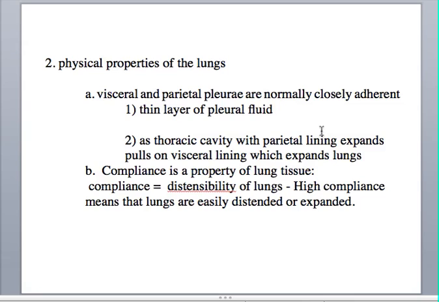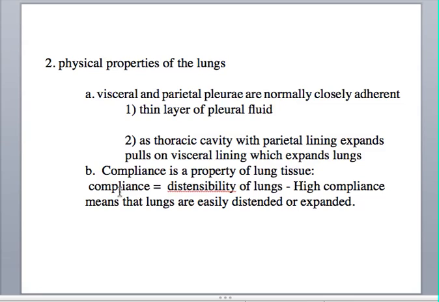Well, this is what happens when the parietal pleura pulls on the visceral pleura, because there's a very thin layer of fluid between, and that will then pull on the lungs and cause the lungs to expand. So that's very, very important.